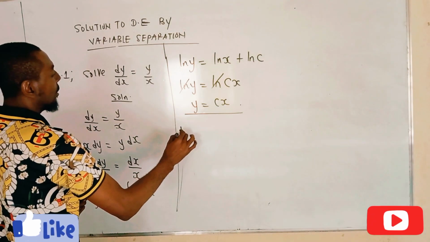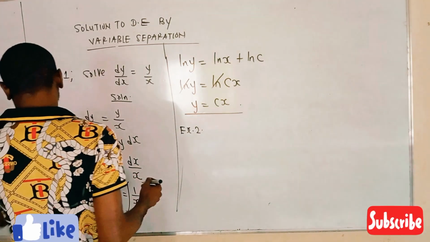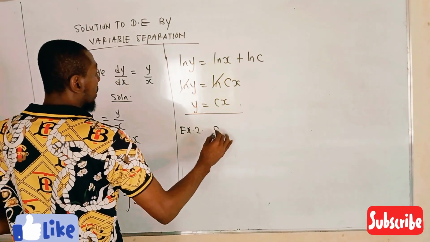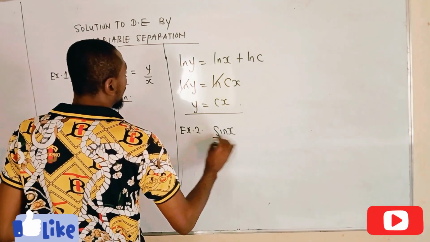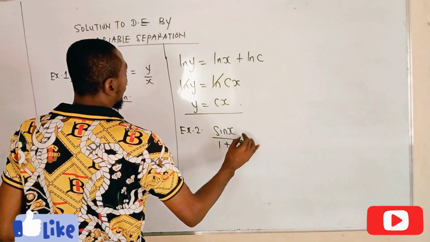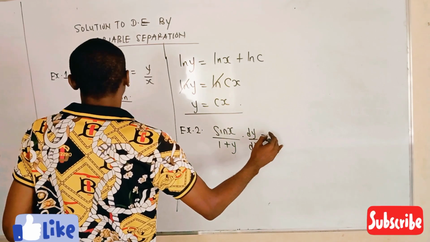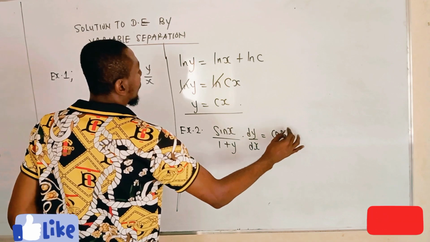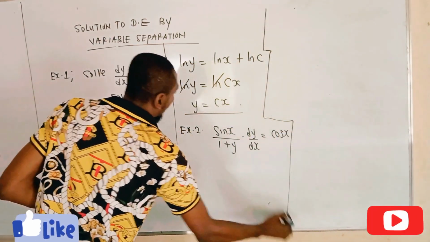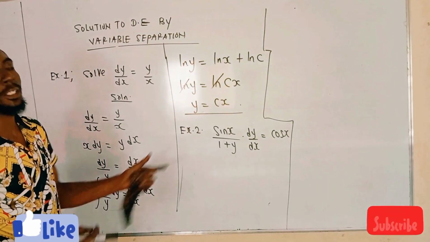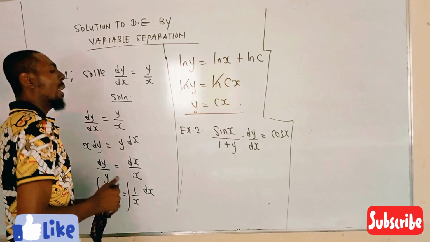Let's get to the second example. The second example says, solve sin x over 1 plus y, times dy by dx, equal to cos x. This looks quite complex, but we're going to resolve that.